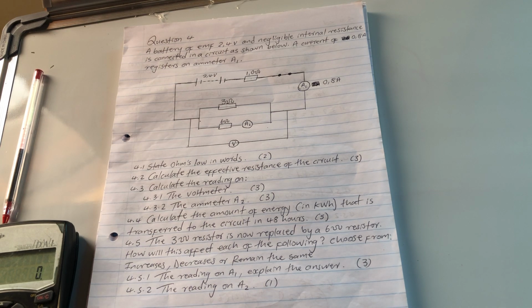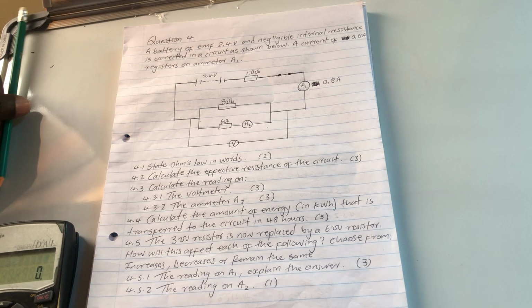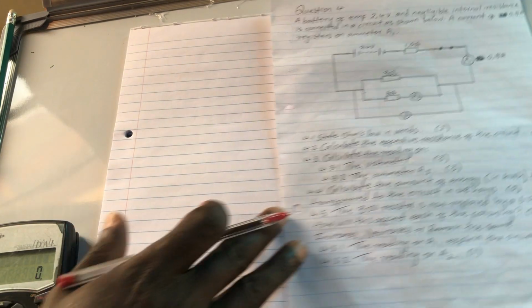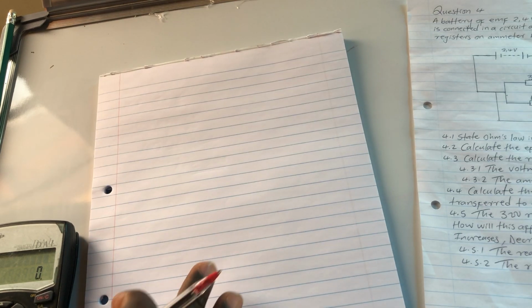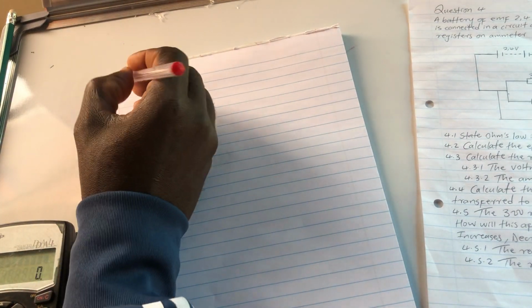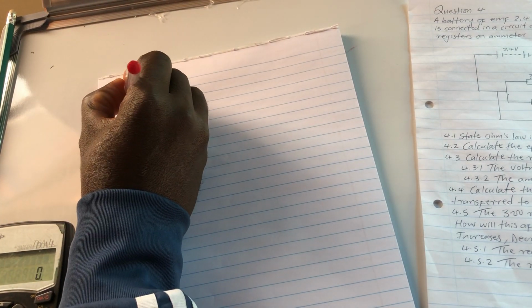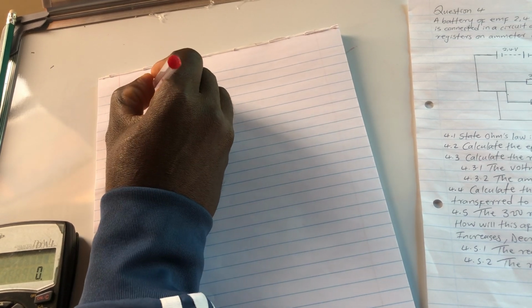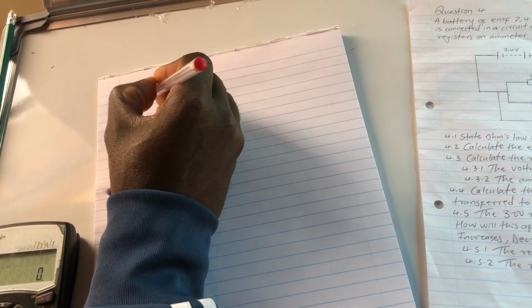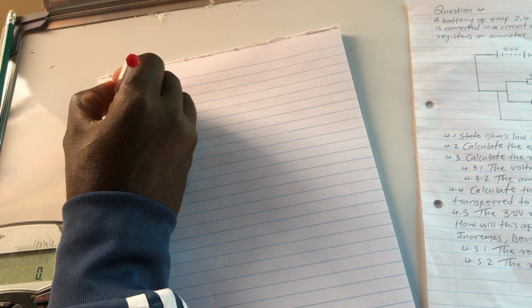Knowing this will enable us to calculate the total resistance. How do we do it? Here's Ohm's law: I equals V over R. This is my 4.2.